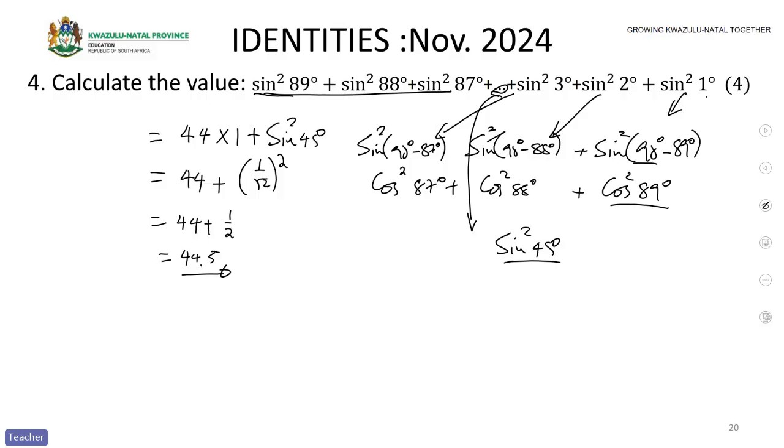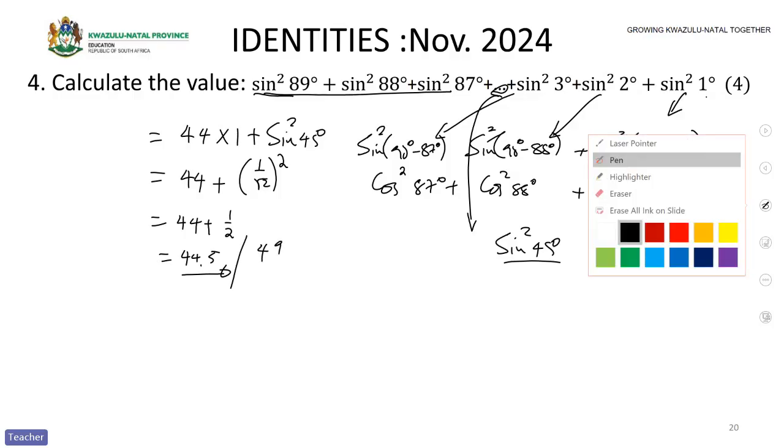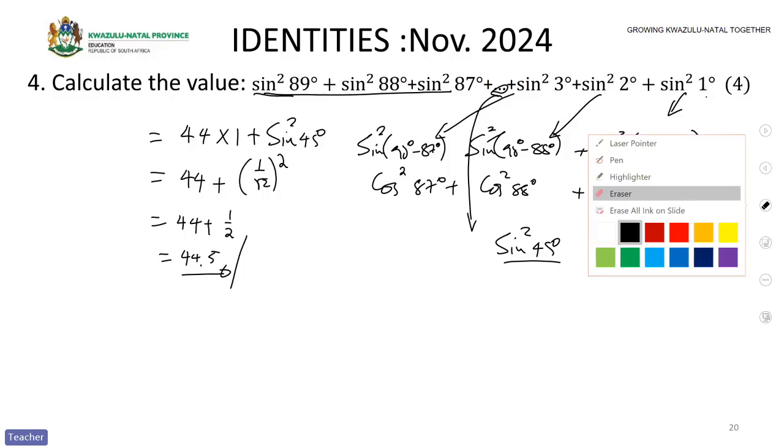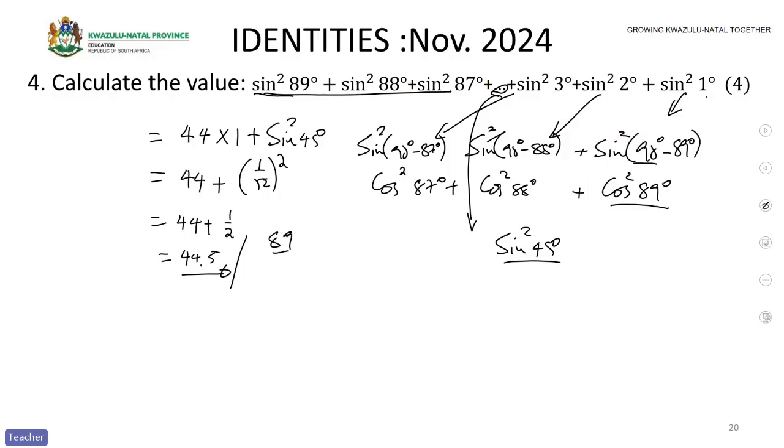So I want to believe that we also know that one. Alternatively, it can be 89 over 2. So that will be also our answer to this one.